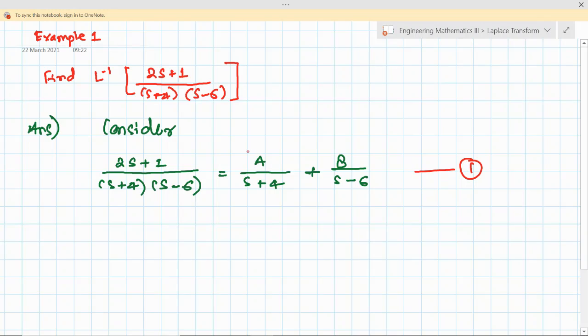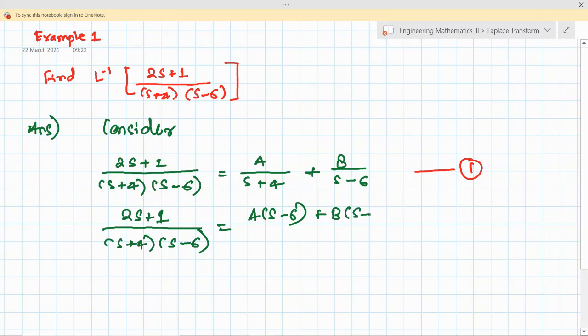Now, how can we find the values of a and b? It is very simple. Take the LCM on the RHS. So (2s + 1) divided by (s + 4)(s − 6) is equal to, by cross multiplication, [a(s − 6) + b(s + 4)] divided by (s + 4)(s − 6).